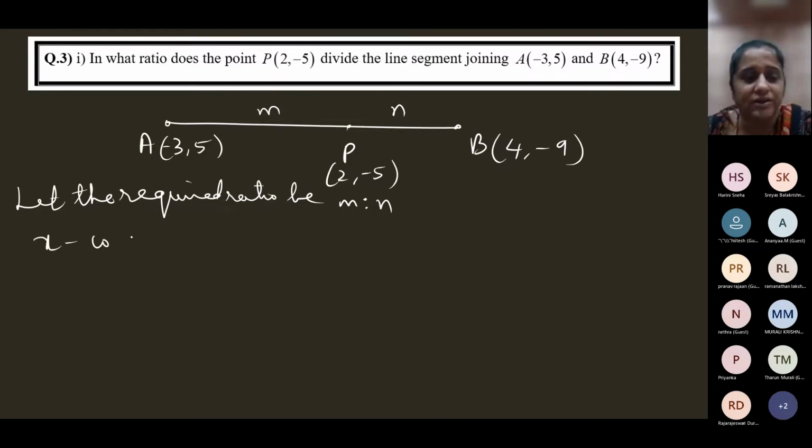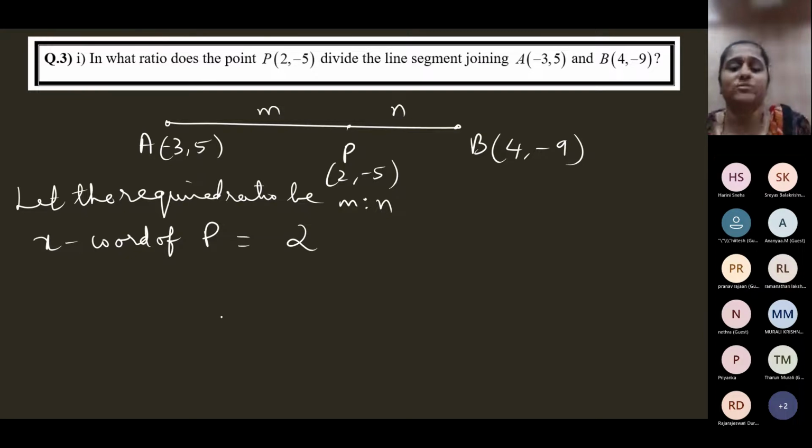So the x coordinate of P is equal to 2. How do you find the x coordinate of P, the point of division? From what is given, we know that the x coordinate of P is 2. But how do you find the x coordinate of the point of division?